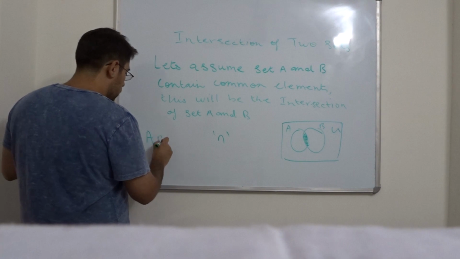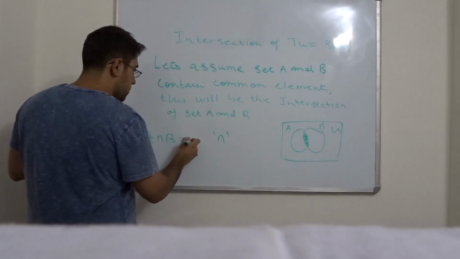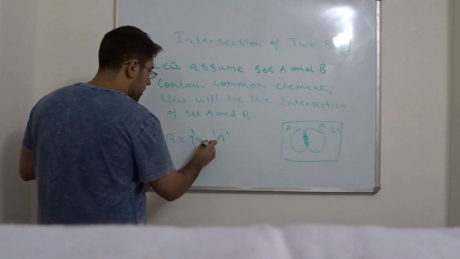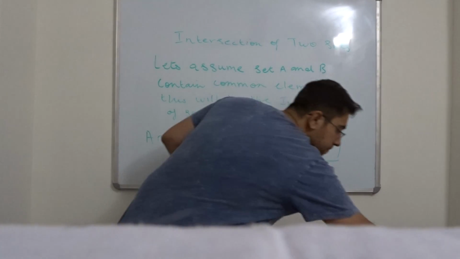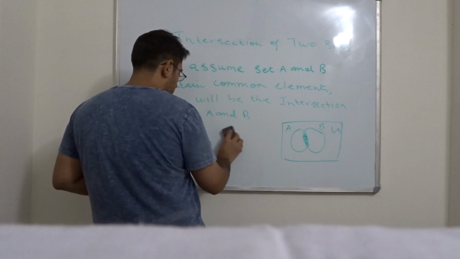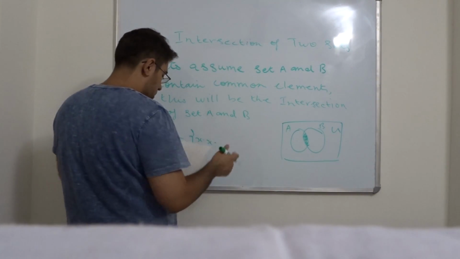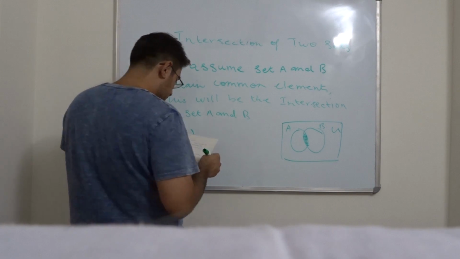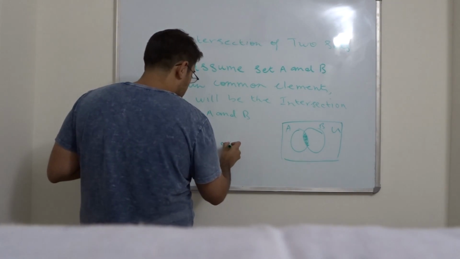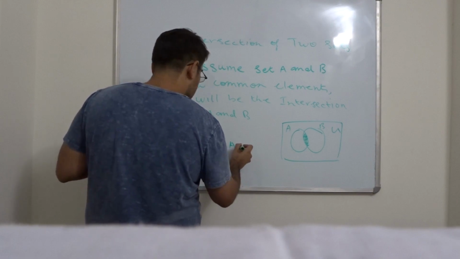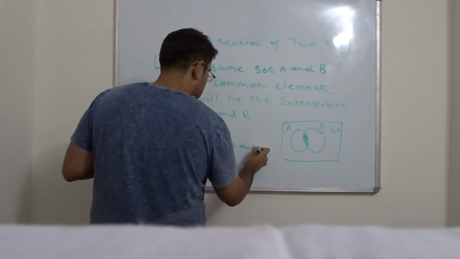We have A intersection B equals {x : x is an element of A and x is an element of B}.